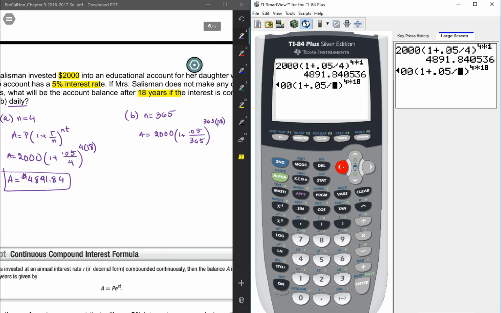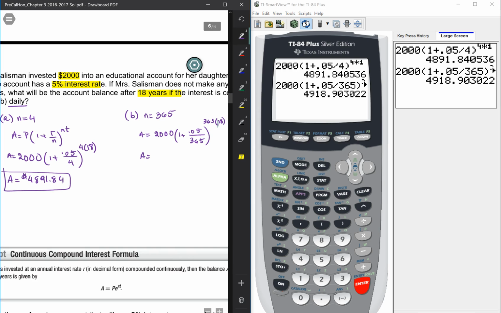I'm going to change the 4 to 365. So here's a 4. Now I do second, insert, 365. And the 4 again. Second, insert, 365 times 18. Boy, it's going to be so much more money. Ooh, yay. So much more money, right?